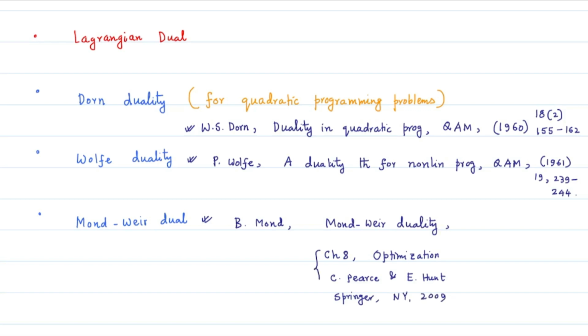In this book, please look at chapter 8. There you will find a detailed discussion on the Mond-Weir type duality.